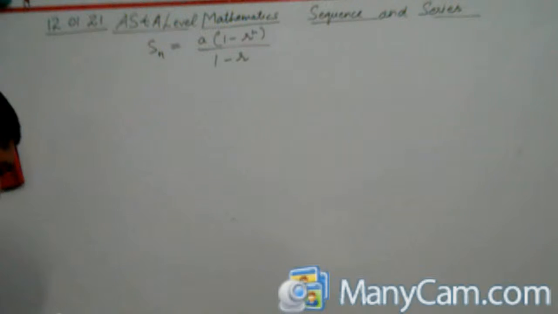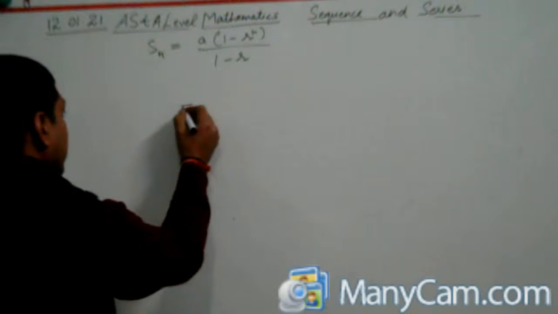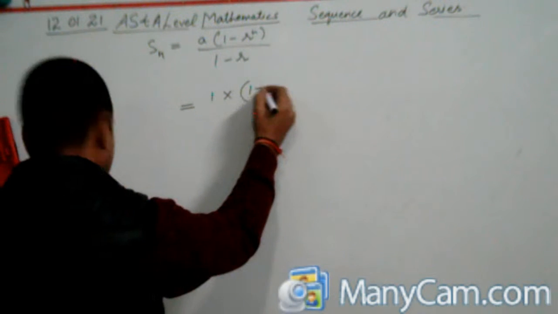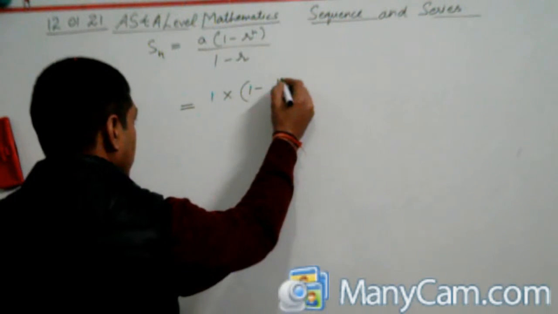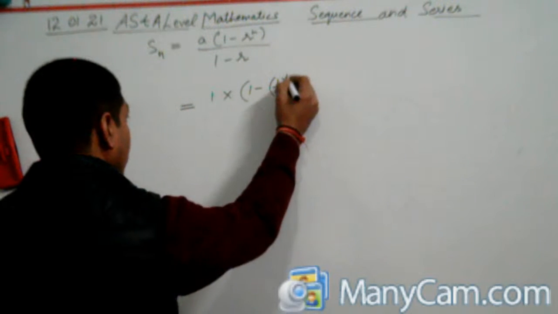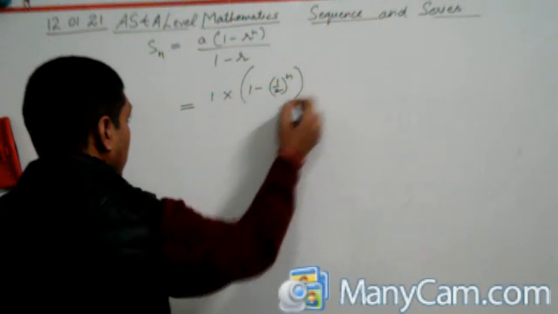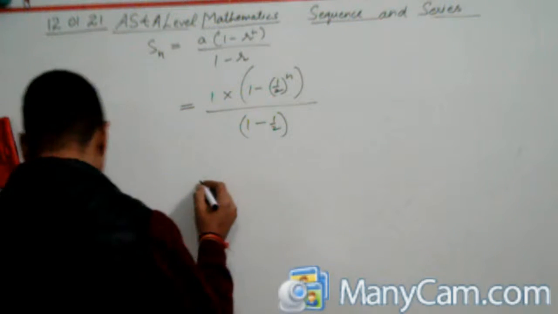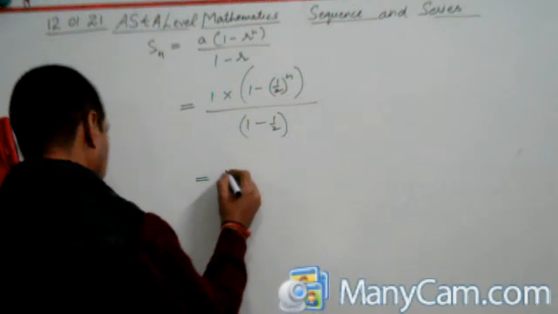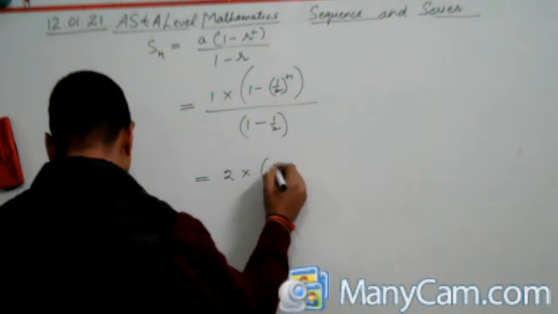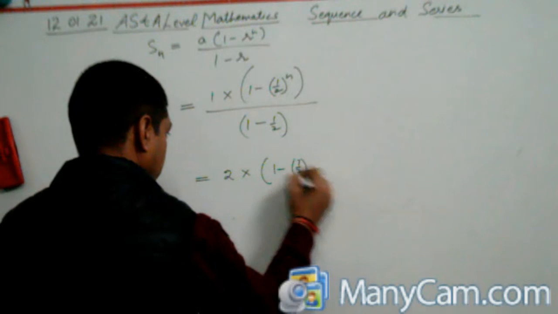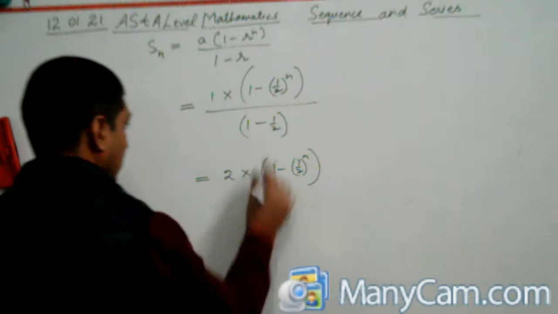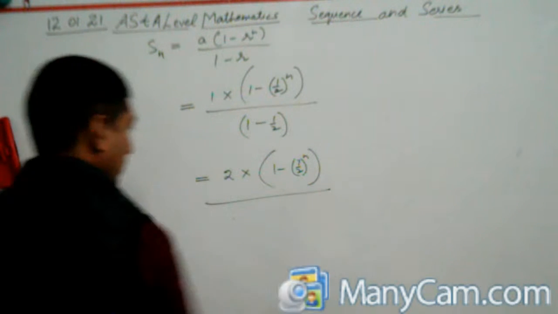In one case, r is 1 by 2, the first term is 1, so 1 into 1 minus 1 by 2 raised to power n upon 1 minus 1 by 2, right? So when we solve, we have 2 into 1 minus 1 by 2 raised to power n.